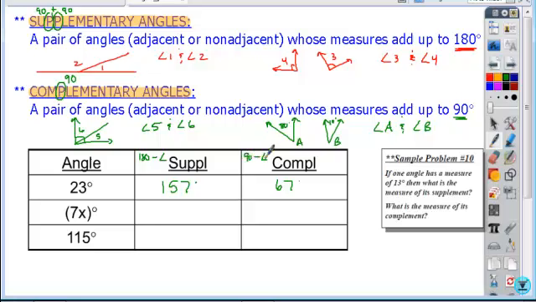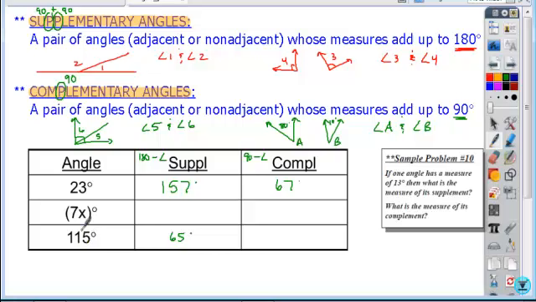So this is going to come back later to help us out, but that's just the basic way of finding any supplement and any complement. So if we jump to this last row, 115 degrees, what would be the supplement of 115? 65, that's the difference between 180 and 115. And what would be the complement? You'd get a negative number, right?